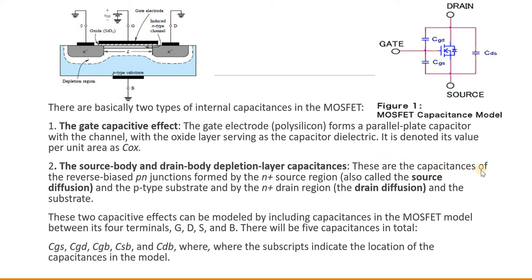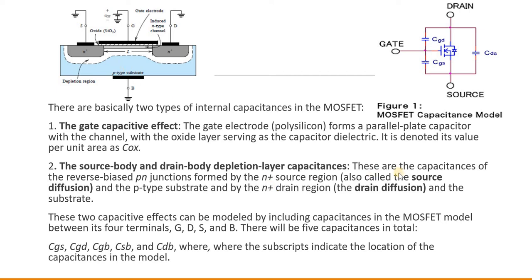They are the capacitances of the reverse biased PN junctions formed by the N plus regions. What are the N plus regions here? They are the source and the drain, and the body is taken as a p-type substrate. So the N plus source and drain placed in the p-type substrate form a reverse bias PN junction.